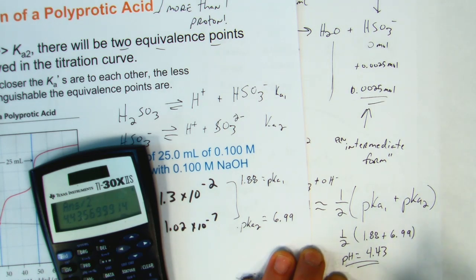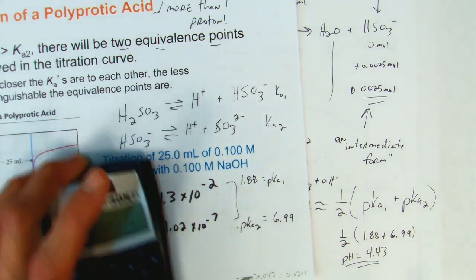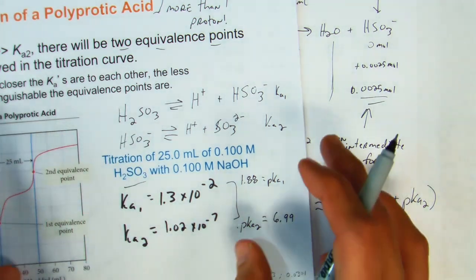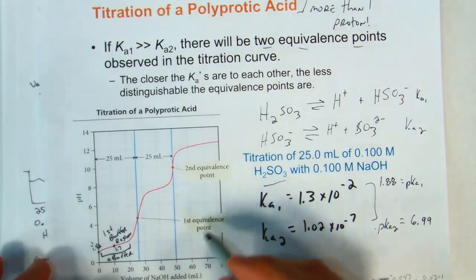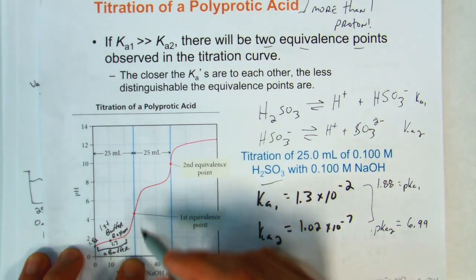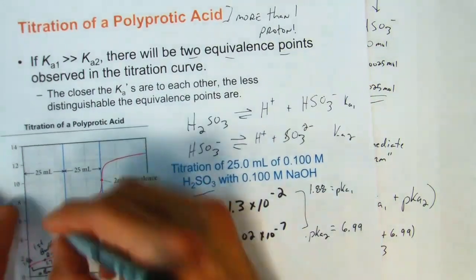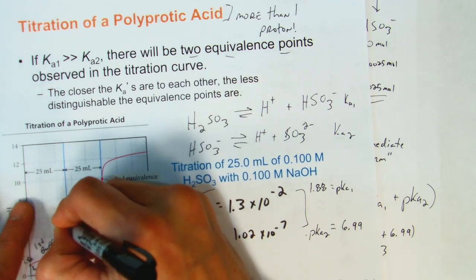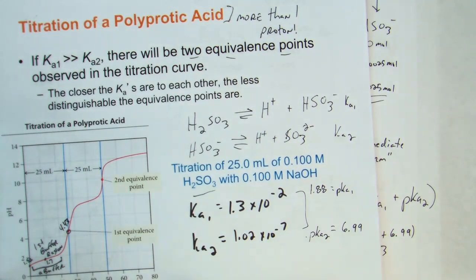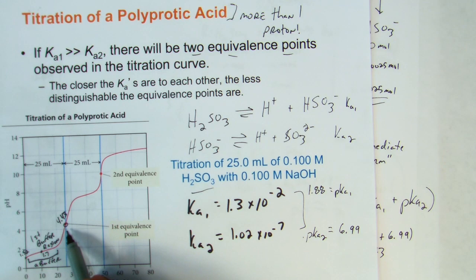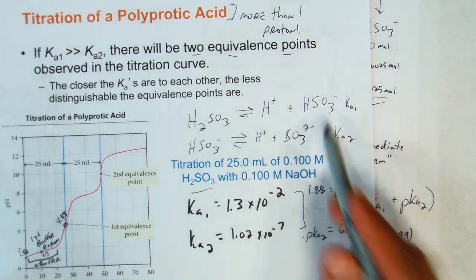That's the pH of my solution. So right here at this first equivalence point, after 25 milliliters is added, 4.43 is a pretty good estimate of the pH, because all that's in solution there is that intermediate form.